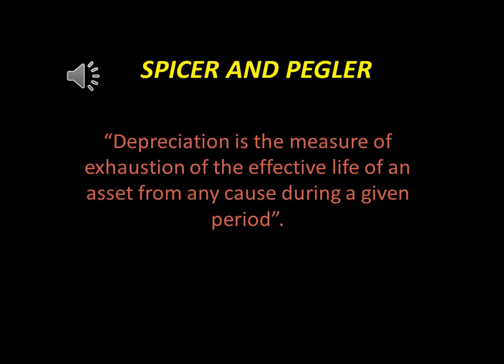The definition as per Mr. Spicer and Pegler is that an asset which has a long life, which could be used in the organization for n number of years, and because it is put into use and is getting exhausted, the reduction in the value of this asset is called depreciation. And this exhaustion, this reduction in the value, could be because of any cause.